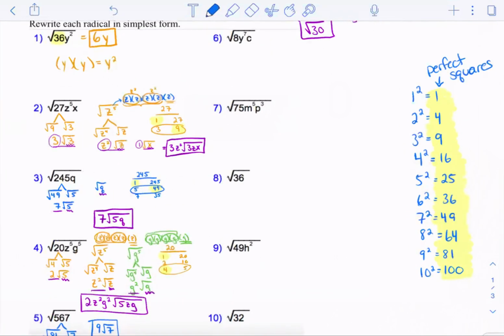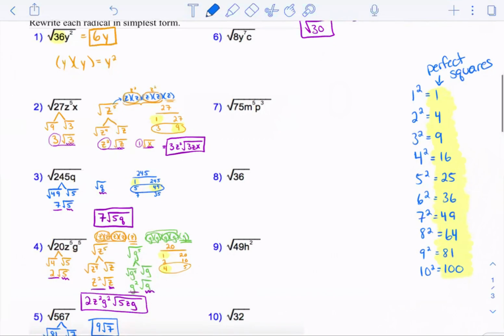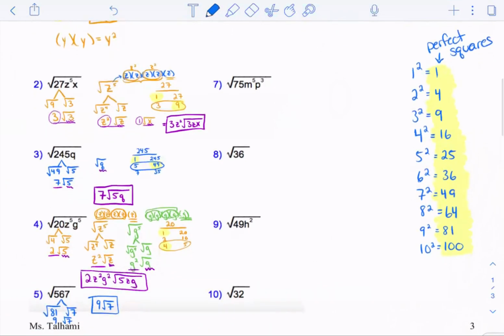So what you'll come to notice is that, especially with the variables, if it is an odd exponent, like 1, 3, 5, 7, you will notice those odd numbers are not perfect squares.